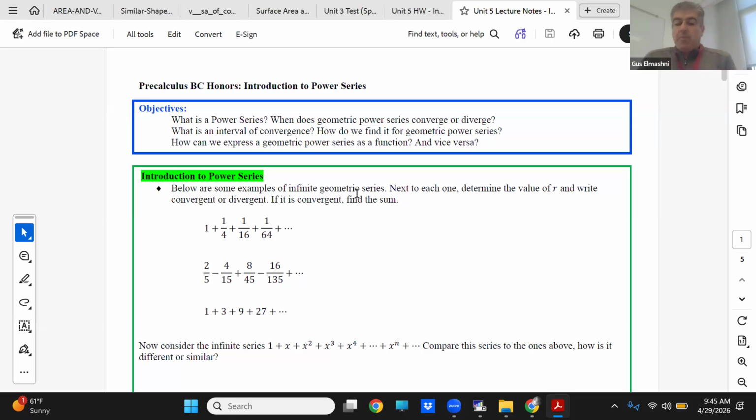So first of all, let's introduce what a power series is. As you can imagine, a power is when you raise something to an exponent. So like 1, 1/4, 1/16, 1/64, or 2/5, 4/15, 8/5, -6 over 135, or 1, 3, 9, 27. You start noticing that's like 2 squared, 4 squared, 8 squared, or 2 squared, 2 to the 4, 2 to the 6.